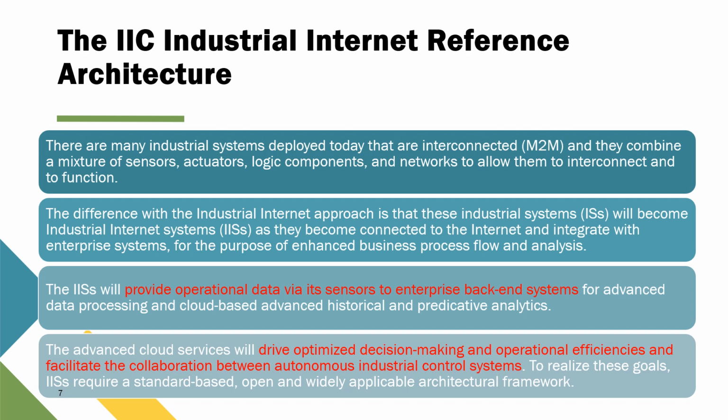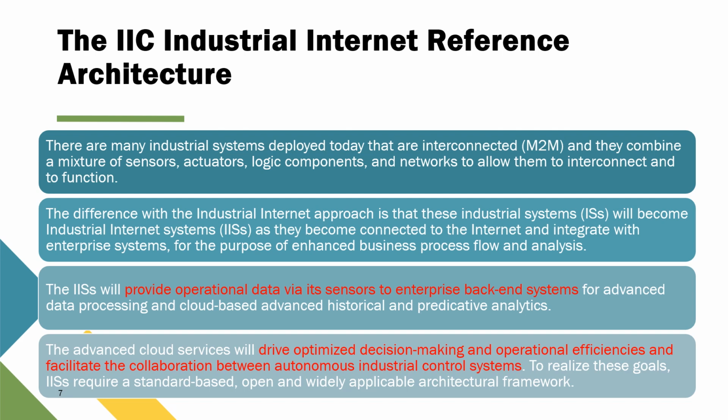Previously, it was just the M2M to the system, where it analyzed, let's say, the problem with the system itself. But currently, when we integrate the internet into the industrial internet system, they can analyze and do some predictive analytics based on the operational data in the enterprise system.